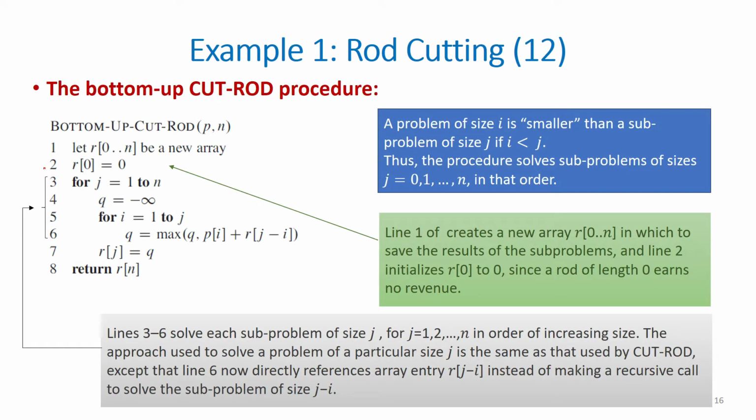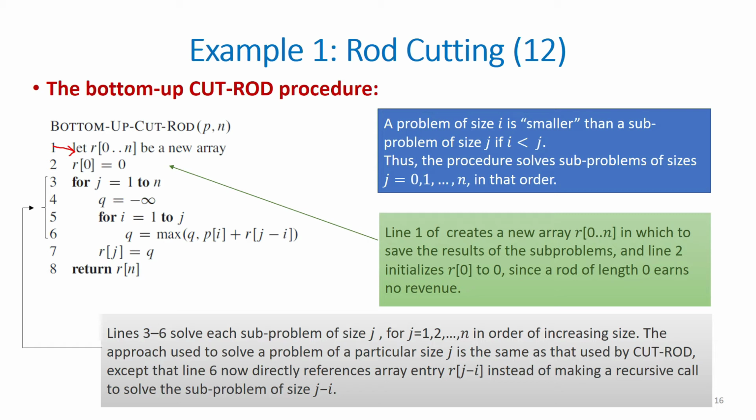Here we see the bottom-up DP implementation of the rod cutting problem. Again, we need to store the optimal solution of each subproblem, so we define an array R of size n. Obviously, R0 is equal to 0 as no effort is needed to cut a rod of size 0.